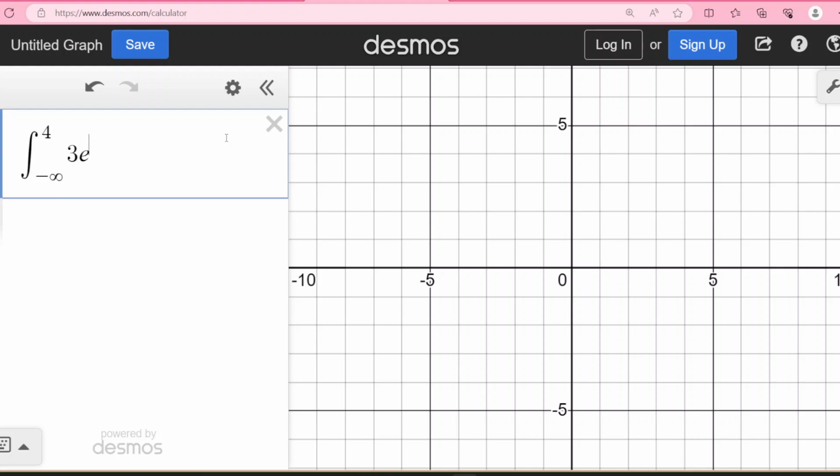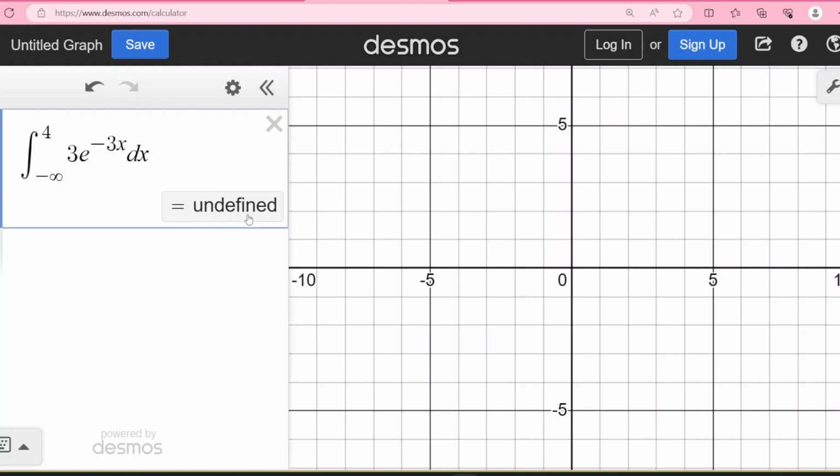And then we have 3 times e to the negative 3x power dx. And now, I mentioned this earlier. Just because it says undefined doesn't mean it's divergent. It could be converging to a number that the calculator can't handle. So it'll say undefined.